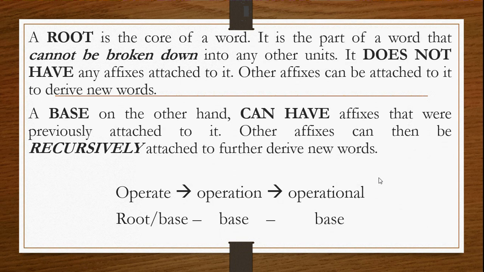It's the origin of the word. You cannot separate it any longer. That's a root. But a base, on the other hand, is a form that can have other affixes that were previously attached to it. A base is a form that you can divide, that you can also separate into its more basic form.